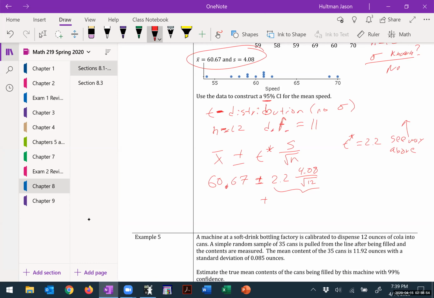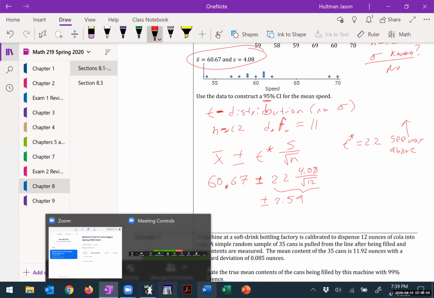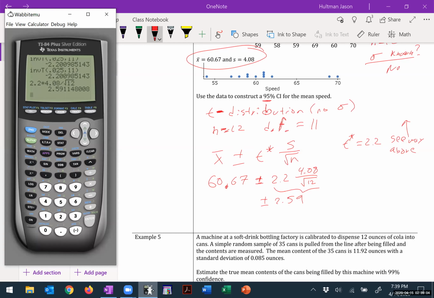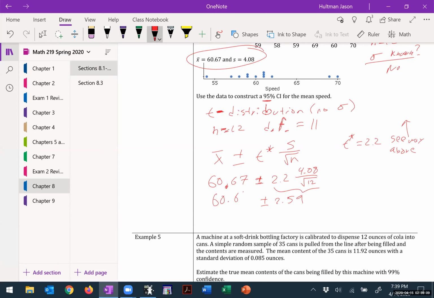So I'm going to add and subtract about 2.59 from 60.67, sorry. So the lower one is the subtraction. So 60.67 minus 2.59 is about 58.08. Give or take.